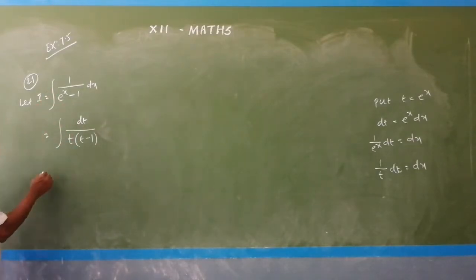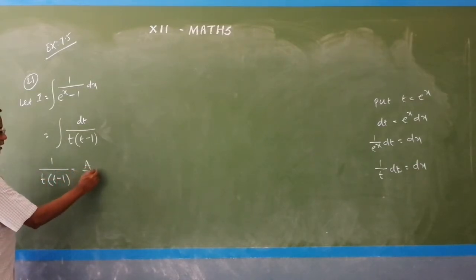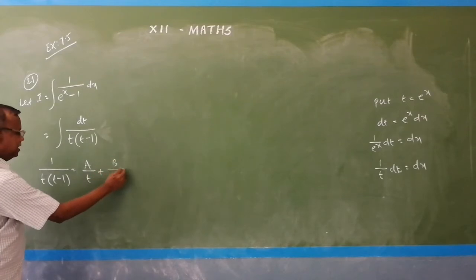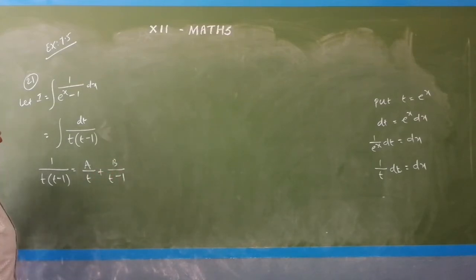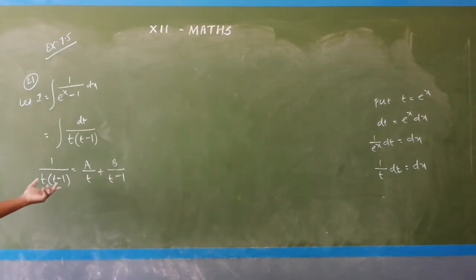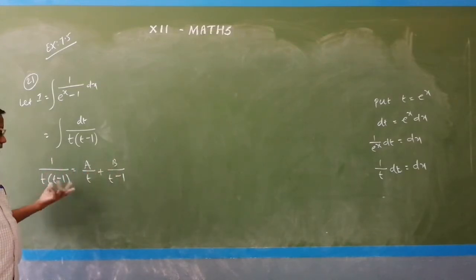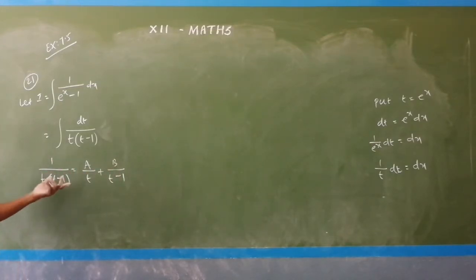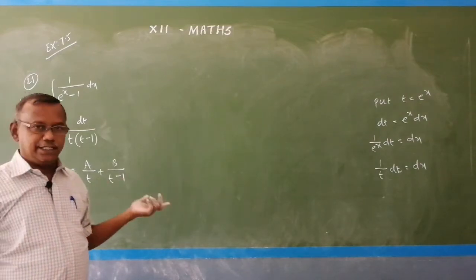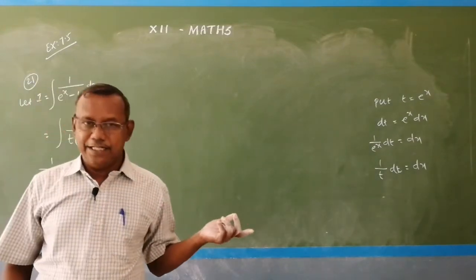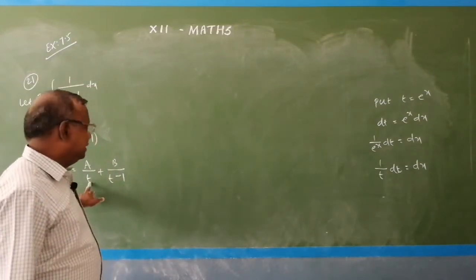Now, we can split this, that is 1 by t into t minus 1 equal to a by t plus b by t minus 1. And as usual, as we have done previously, equating the numerator, 1 equal to a into t minus 1 plus b into t, and substituting the values of t, you will get the values of a and b, and you can simply solve this problem. So, you can find the answer. Finally, replace t by e power x.